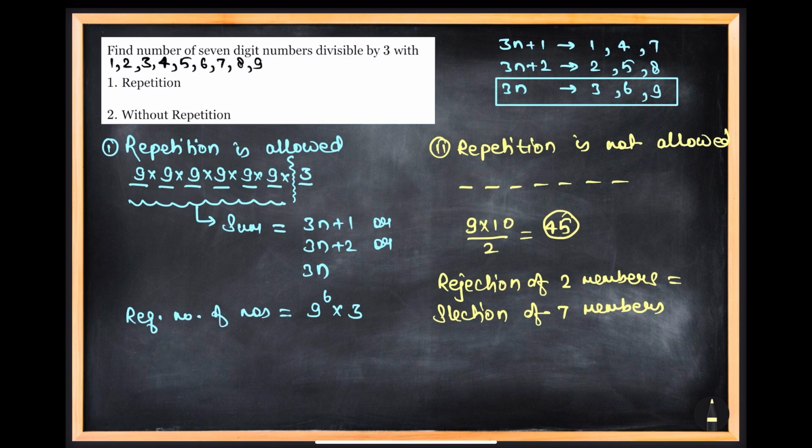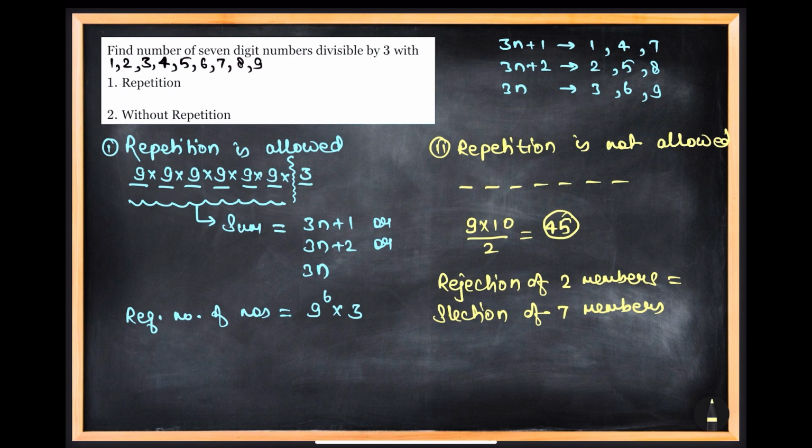Okay, so first we will try to reject 2 numbers, because you have to reject only 2, but selecting 7 numbers is a bit tricky, you have to think about so many calculations. If I take all 9 numbers, whose sum is divisible by 3, I have to remove 2 numbers.